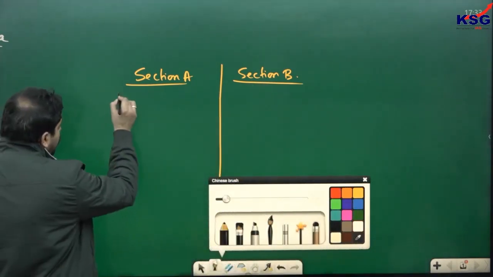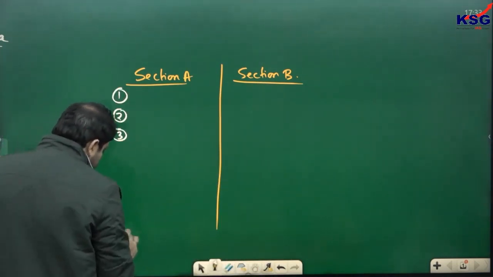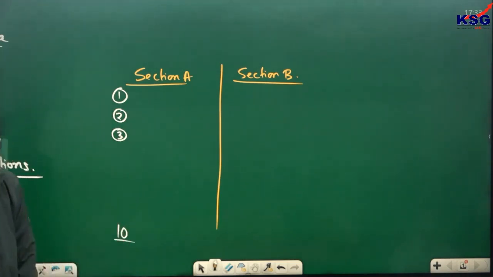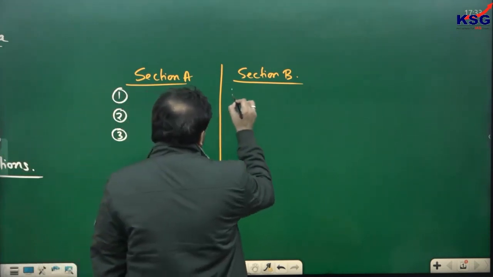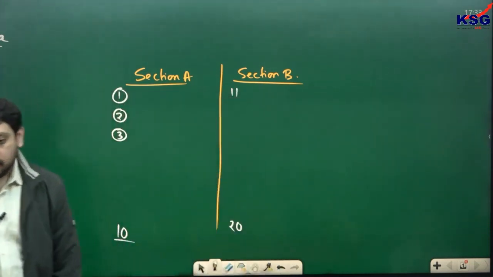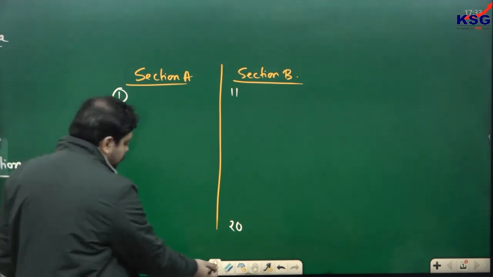So number 1, first, second, third to 10th question, 1 to 10 questions, they form a part of section A, and 11 to 20 they form a part of section B. So in total there are 20 questions in the general studies paper number 2. 1 to 10 are part of section A and 11 to 20 are part of section B.